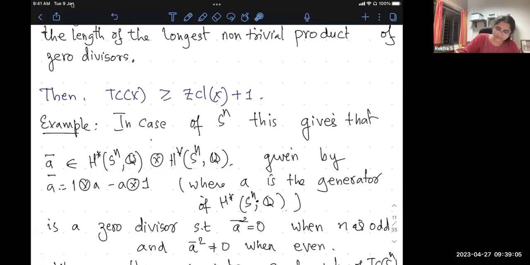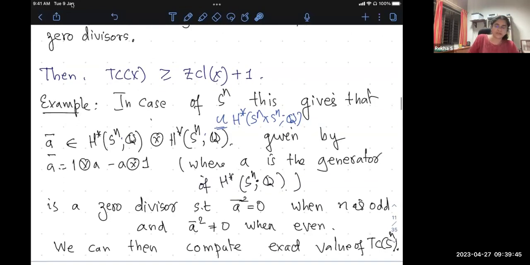So using the fact that H star of Sn cross Sn with field coefficients is just isomorphic to H star Sn tensor H star Sn, we get an element of the following form, where A is the generator of the graded ring of Sn. Okay. So then one can check this is a zero divisor, and the product of A bar with itself is 0 when n is odd, and it is non-zero when n is even.